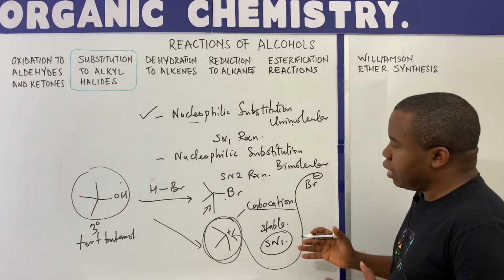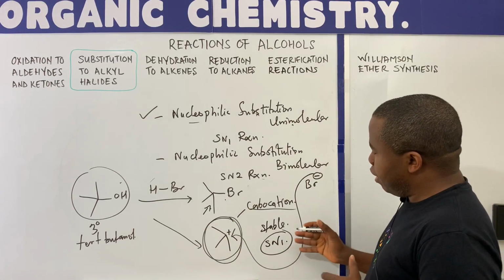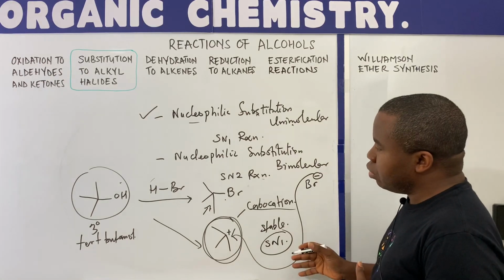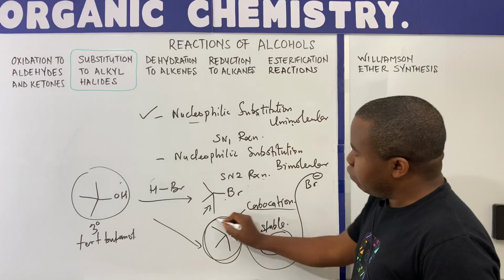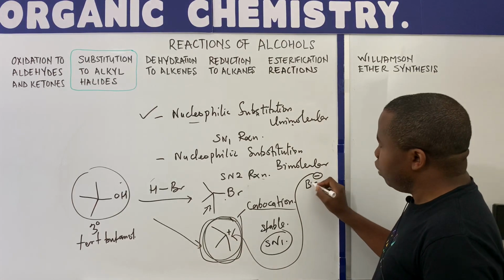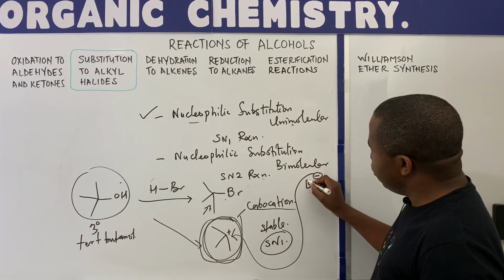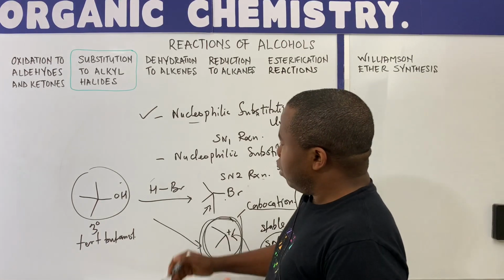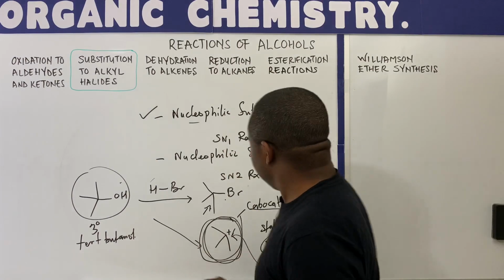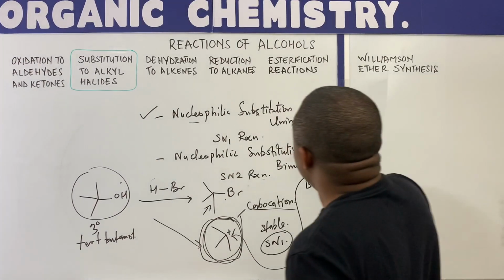So that is why we say this is an SN1 reaction, because the reaction happened at different times. So we have the carbocation first, and then we have the nucleophilic attack of the bromide ion on the carbocation. So let me show you the mechanism.